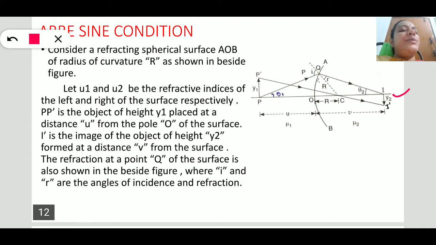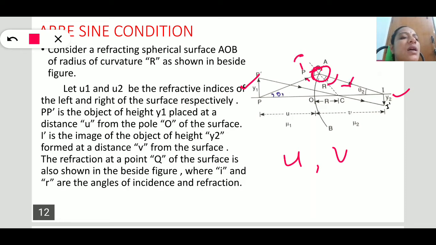Say that is y2. Here the height of the object is y1. Similarly, u and v are the object distance and image distance. At the refraction point Q, i is the incident angle and r is the refracting angle.